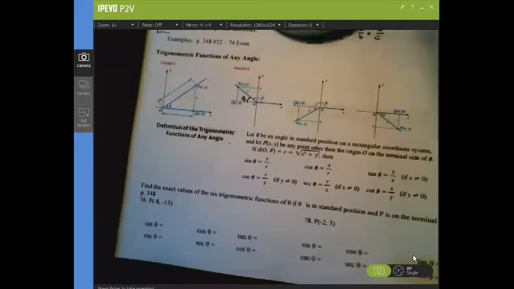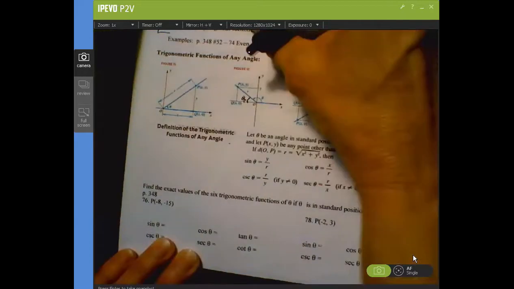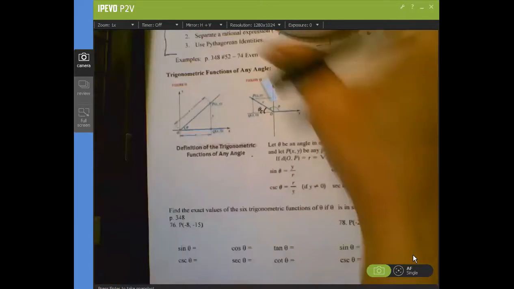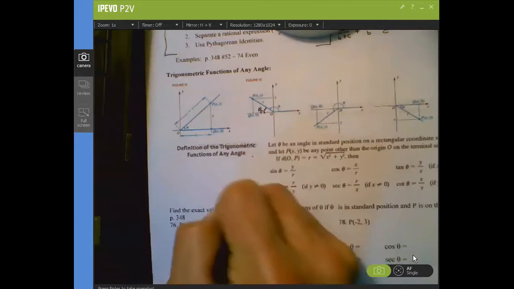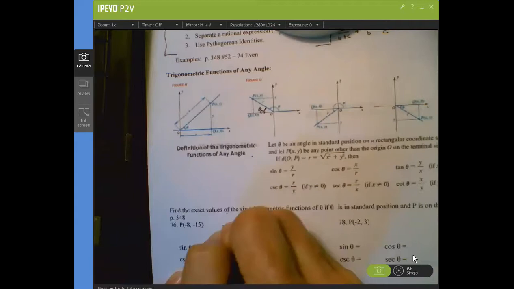On number 76, we have a point on the terminal side of an angle that is in standard position. What quadrant is that point in? Since the x and y are both negative, it's in the third quadrant.